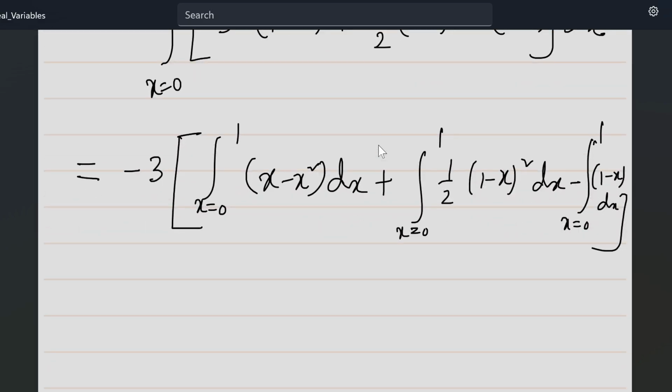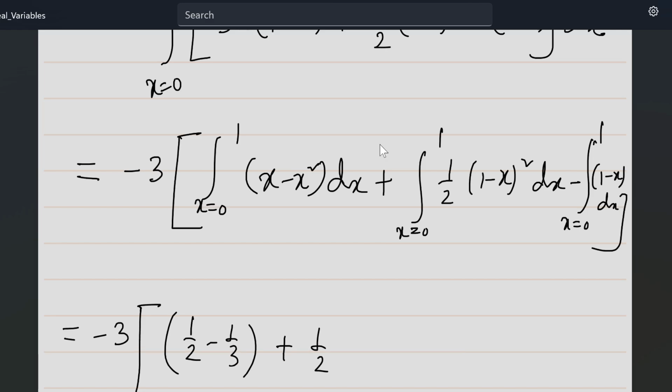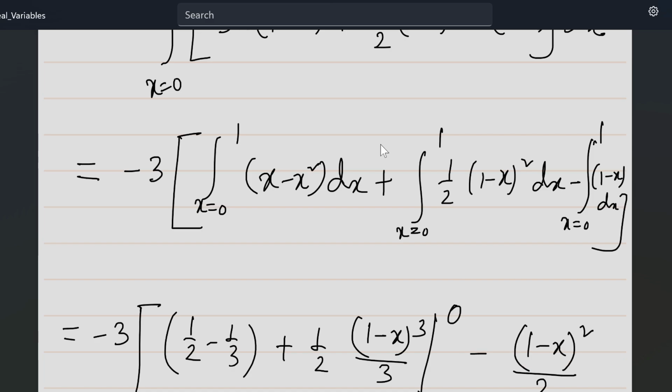Now tell me the answer directly. Half minus 1 by 3, 1 minus x whole cube by 3, and minus will come, so I'll write x equal to 1 to 0, minus 1 minus x whole square by 2, x from 1 to 0.